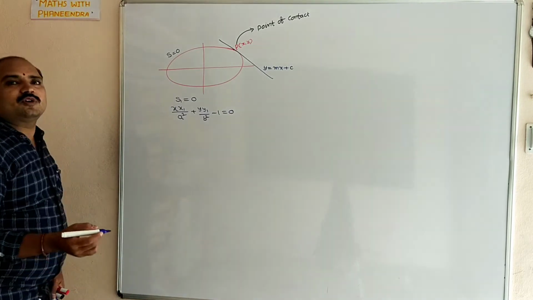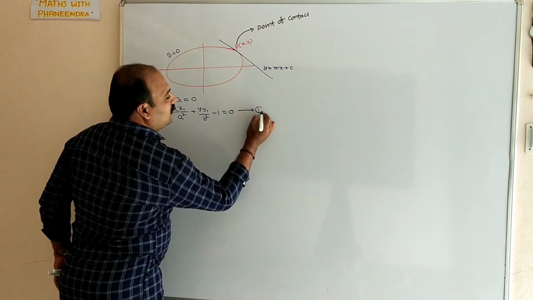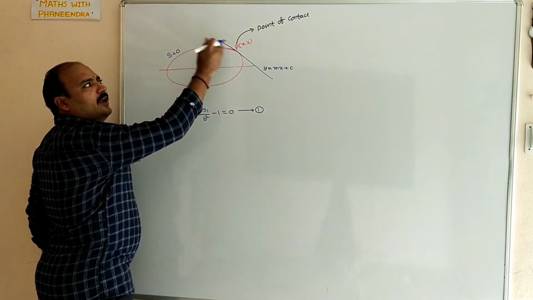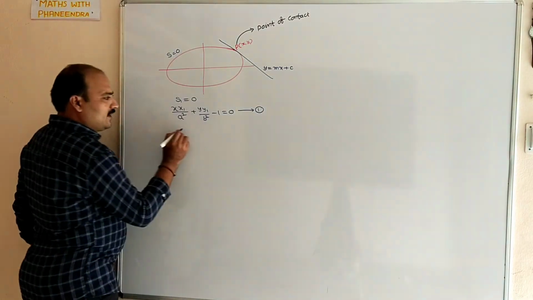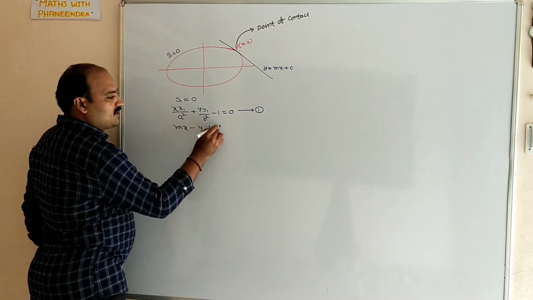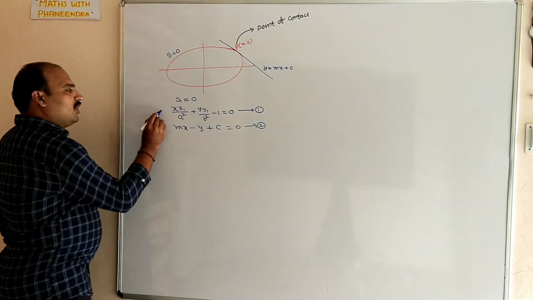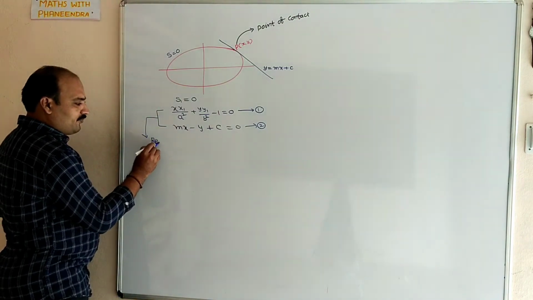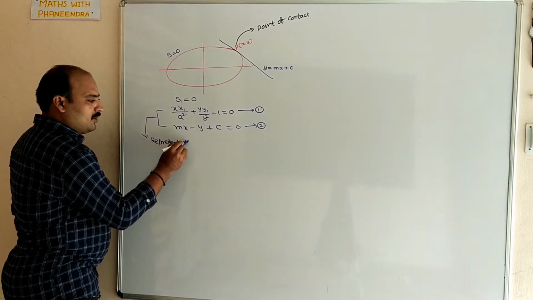This is the equation of tangent. Keep that as equation number 1. Even y is equal to mx plus c is also touching that ellipse at the point x1 y1. That equation is mx minus y plus c equal to 0, equation number 2. Equations 1 and 2 represent the same line.